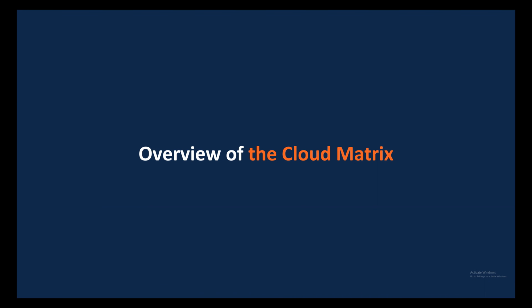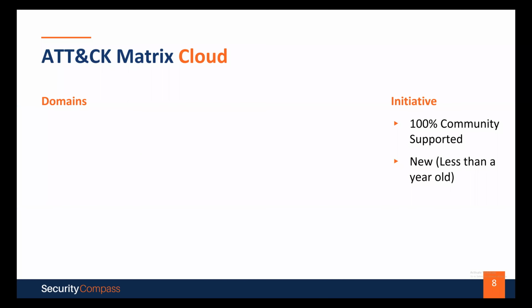So the cloud matrix is a 100% community supported initiative. This is different from, let's say, the Windows, Linux, Mac OS initiatives, where the matrix was built from threat intelligence data obtained through open source means by MITRE, whereas the cloud matrix was the involvement of the community to recommend that this matrix be created and supply the initial TTPs for said matrix.